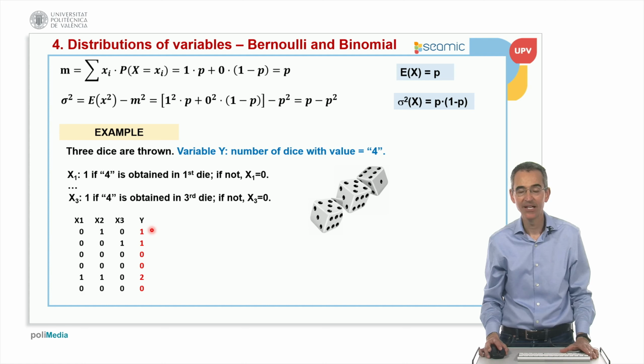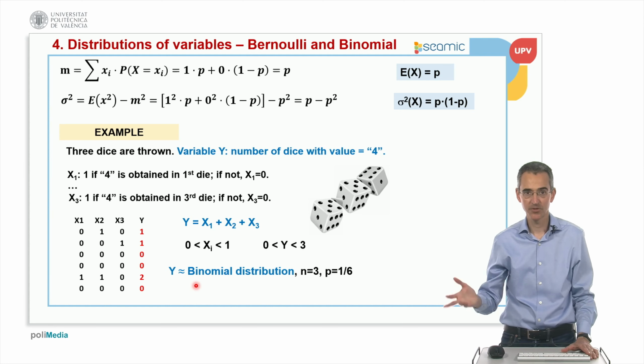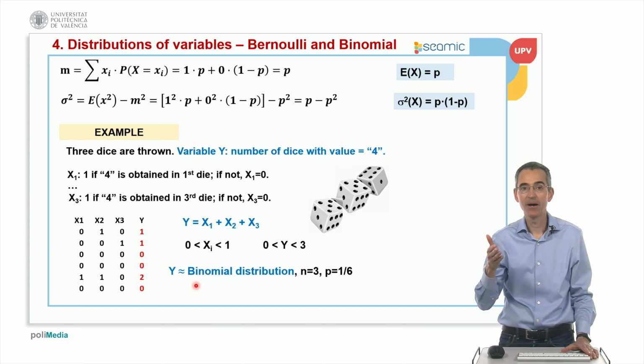The minimum value of this y variable is 0, and the maximum value is 3. So x ranges from 0 to 1, but y has a minimum of 0 and a maximum of 3. This is a binomial distribution. This example shows that the binomial distribution is the sum of Bernoulli distributions.